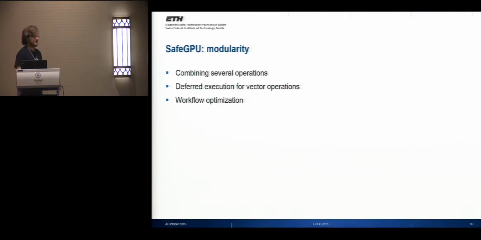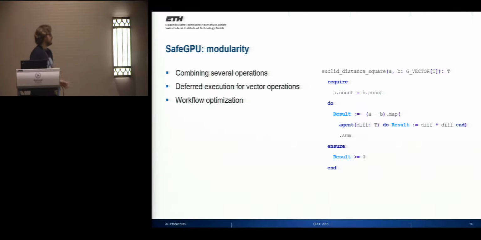So as I said, SafeGPU is modular in the sense that you can combine several low-level operations into a high-level one. And we defer execution because of that. For example, when you compute the square of Euclidean distance, you have to do 3 low-level actions.